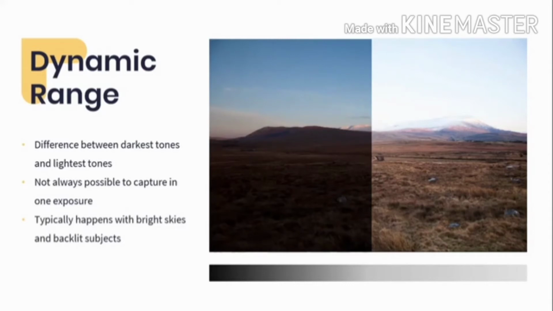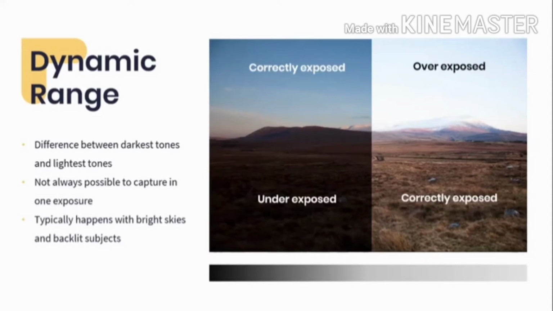So if we have a look at this example here, we can see that I've basically broken it down into 4 sections. I have a correctly exposed sky in my left hand image, but my foreground is underexposed. So I adjust my exposure to try to get the correct exposure in the foreground in the other side, but then I get an overexposed sky.